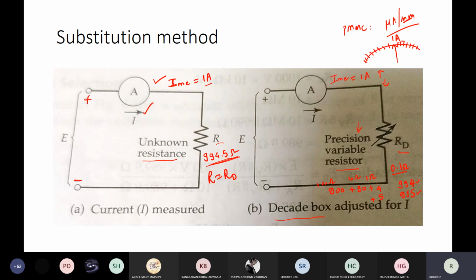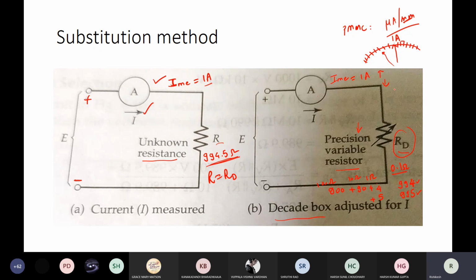Why? Because the PMMC deflection is continuously varying. Even though the scale is marked at discrete locations, the movement is continuous. So if I have a precision resistance which can vary continuously, then one point will definitely be reached where it indicates the exact value, irrespective of the precision of the ammeter.